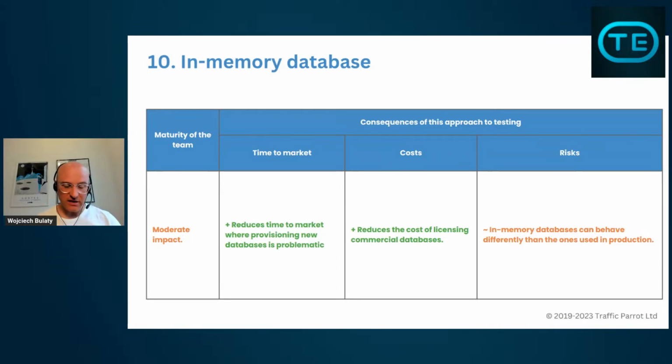Just one thing to keep in mind is that those in-memory databases, although these days they represent those real databases quite closely, still have some discrepancies between how the real database works and how the in-memory database works. So it's still worth testing with that real database once in a while.